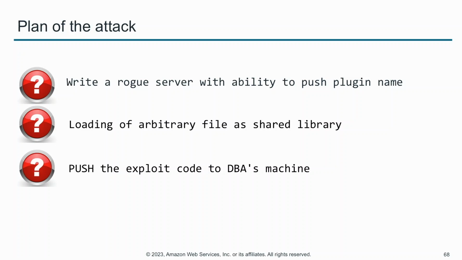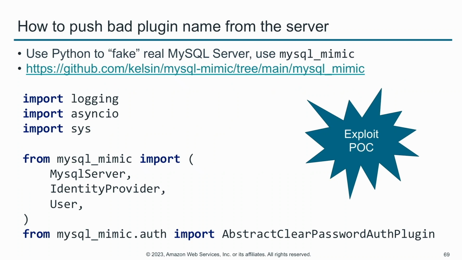Let's start with number one. So I have been using this MySQL mimic Python module, and I was able to create a fake real MySQL server. Actually, this MySQL mimic is pretty good.